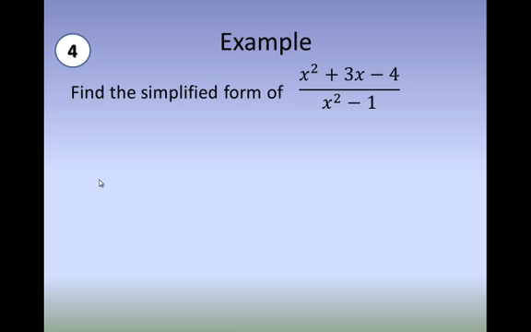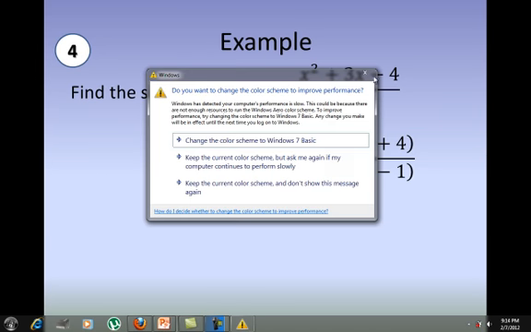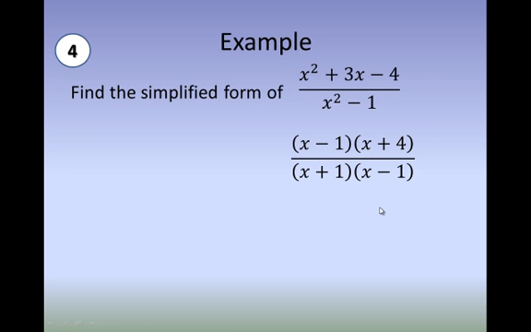Find the simplified form of x squared plus 3x minus 4 over x squared minus 1. We can factor the numerator as quantity x minus 1 times x plus 4, and the denominator as x plus 1 times x minus 1.